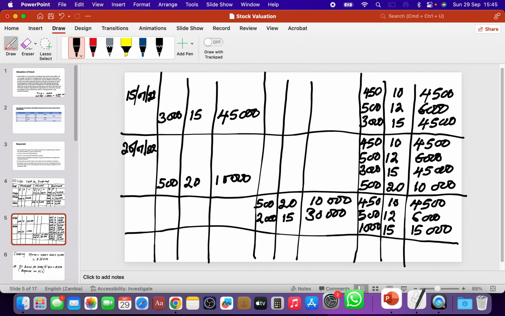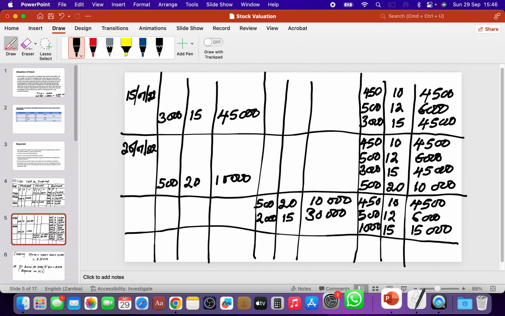So if you check on the 20th of January 2022, you find that the units that we bought last were 500 units at $20 each. And the total amount of units that we're issuing out to a customer is 2,500. Therefore, I'll start first to give a customer this batch of 500 units at $20.